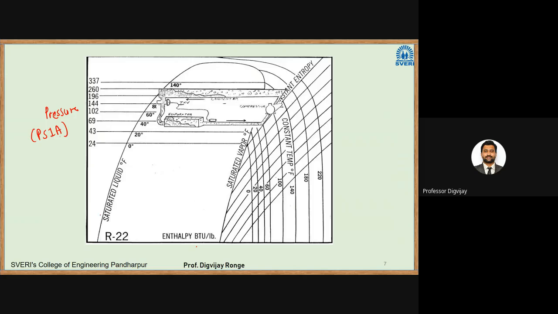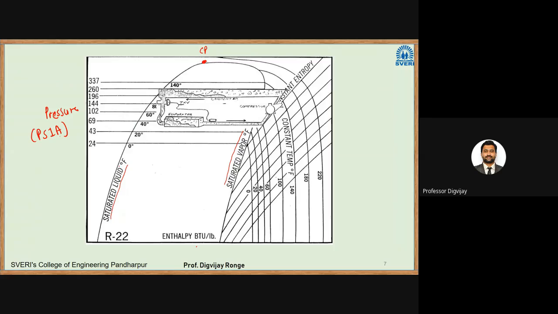As you see, there is a saturated liquid curve, with temperature given in degrees Fahrenheit, and here we have a saturated vapor curve. They all meet at one critical point, after which you can see the pressure is reducing. So this is your critical point.